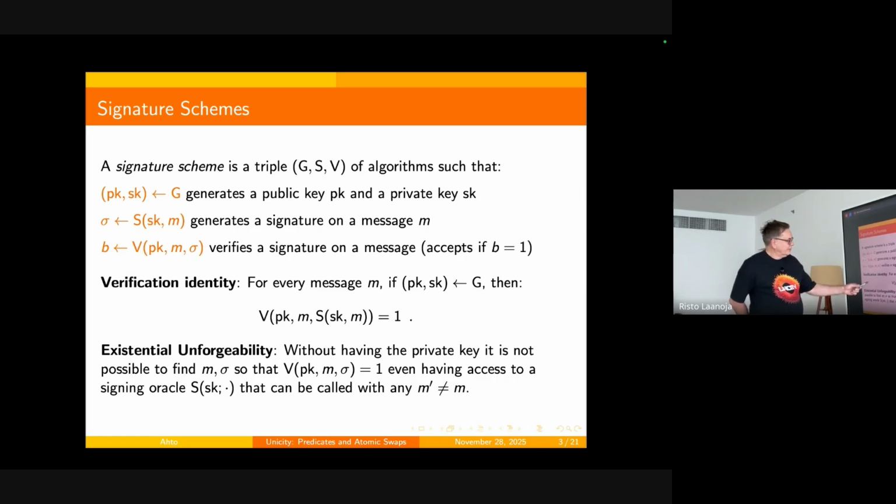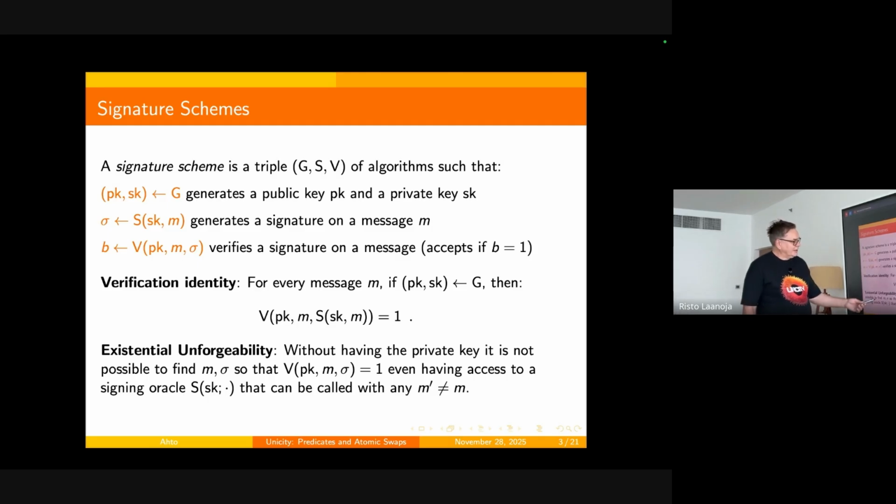And the verification identity says that if you generate keys properly, if you sign properly, then you will verify properly. And from the security point of view, we require that it's hard to create signatures without having the private key, even if you can call the signing oracle.